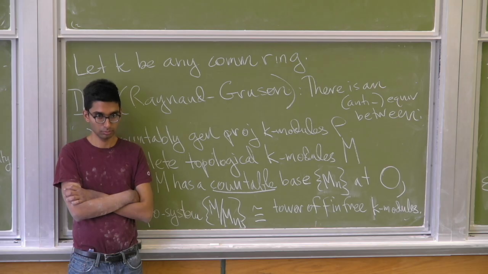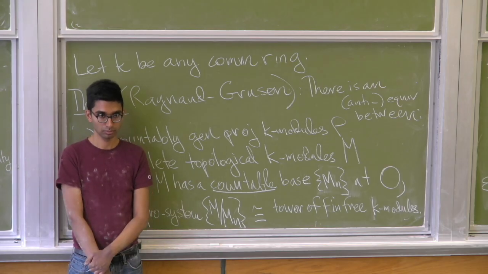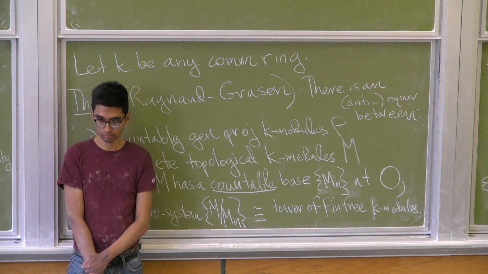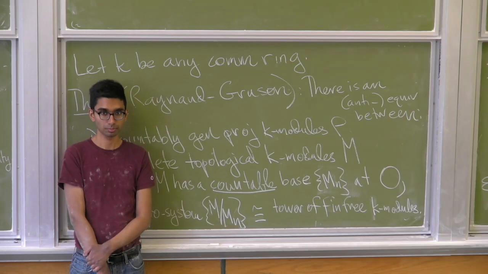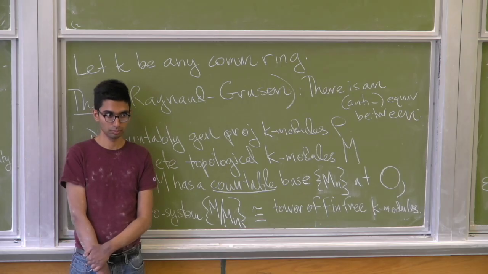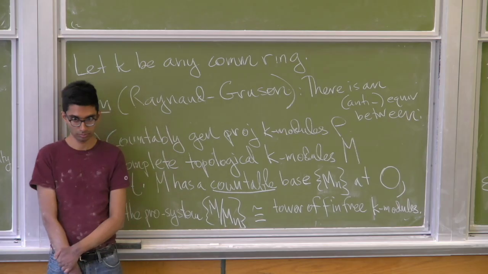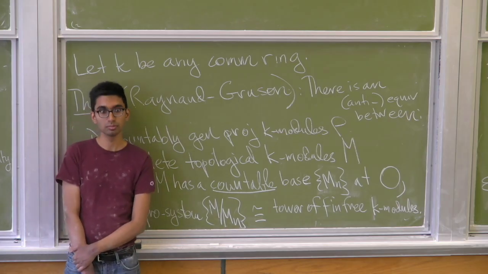Then you take a very stupid projective system where each term is this finitely generated free module, and each transition map is the projector. And not only is it a projective limit, but moreover, you have an isomorphism of pro objects.